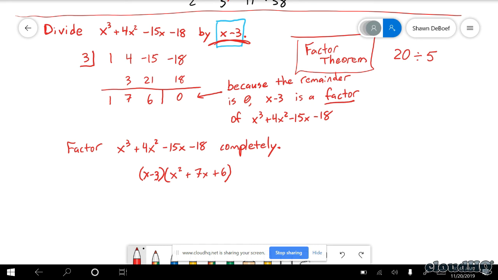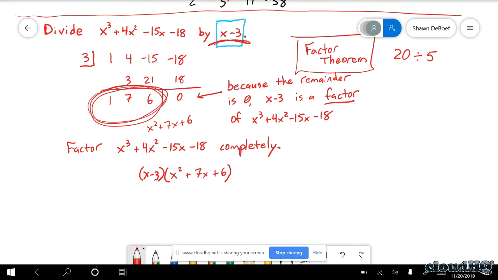How do I know that, and where did it come from? Remember your synthetic division up here? You got a remainder of 0, and in front of that is what was left. So we knew that was x squared plus 7x plus 6.